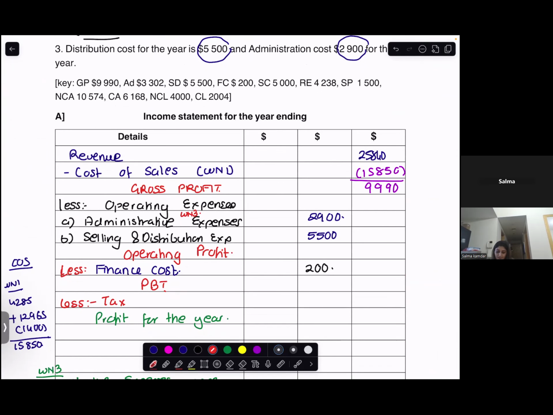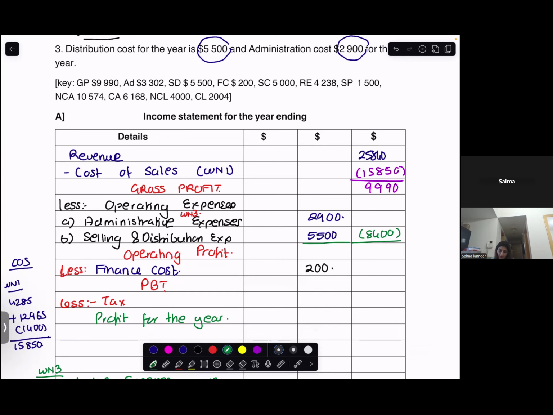Now let's find out operating expenses. Operating expenses is 2900 for the administration costs and 5500. What is the total operating expenses? 8400. What is your operating profit? Revenue is how much?